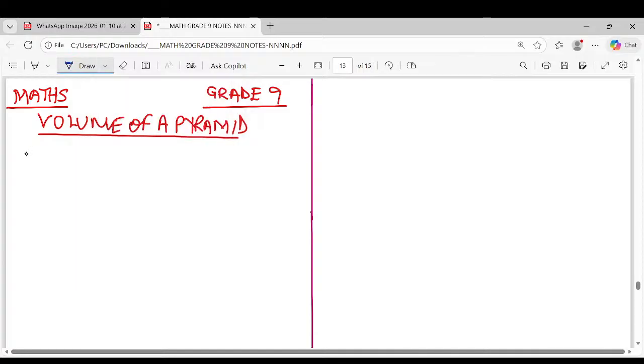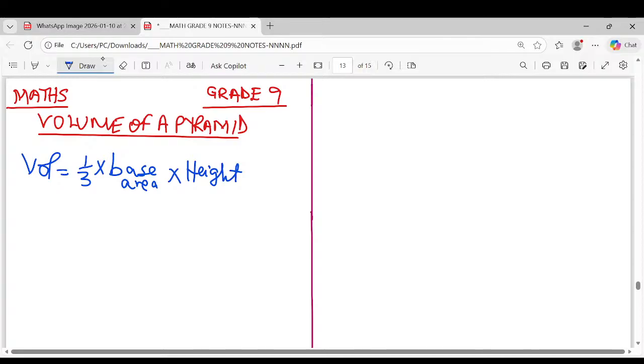The volume of any pyramid is calculated by a third multiplied by the base area multiplied by the height. This is the formula we use to calculate the volume of a pyramid.